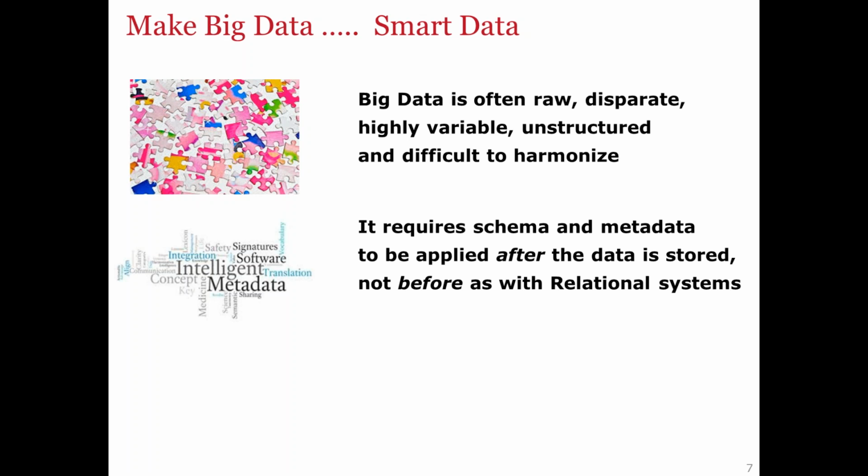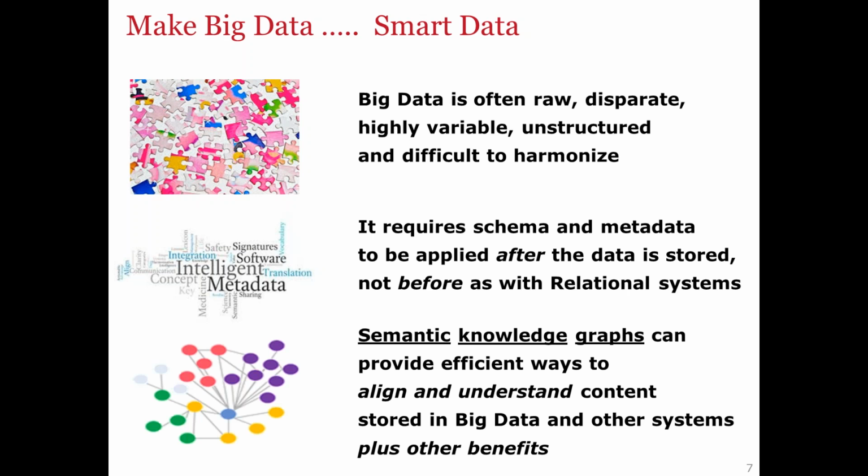It requires a schema to make sense of all of that content and metadata. But with big data, because we're absorbing so much data quickly, the schema is applied after the data is ingested rather than before, as is common with conventional systems like relational databases.